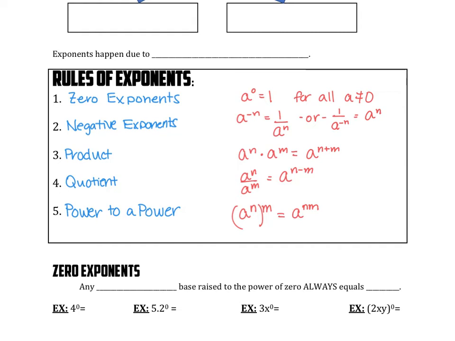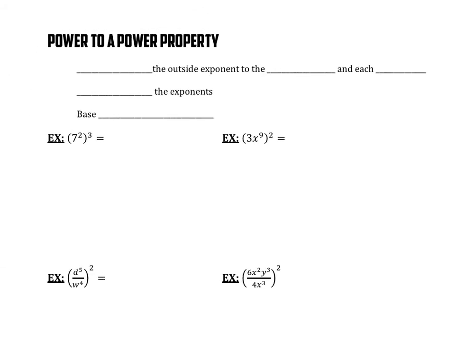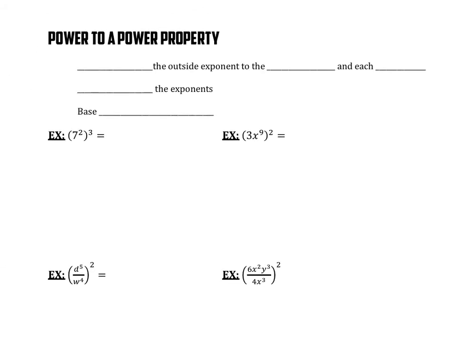Okay, well, what does that mean? If we talk about this rule in more of a layman's terms, something that's a little bit easier to understand, we would say we are going to distribute the outside exponent to both the coefficient and each variable.